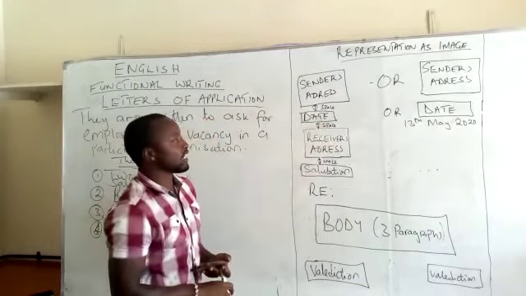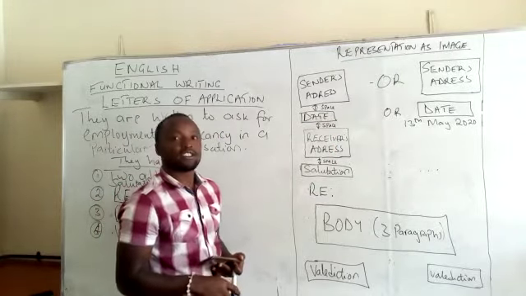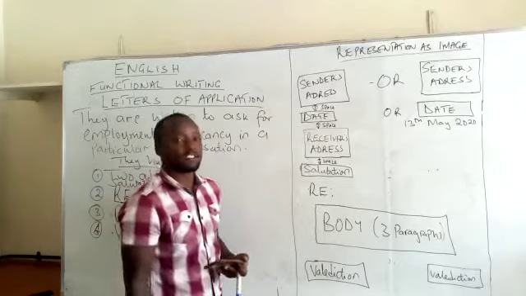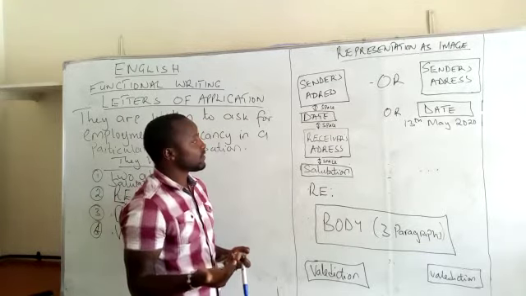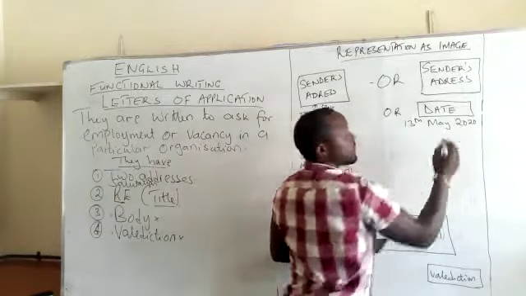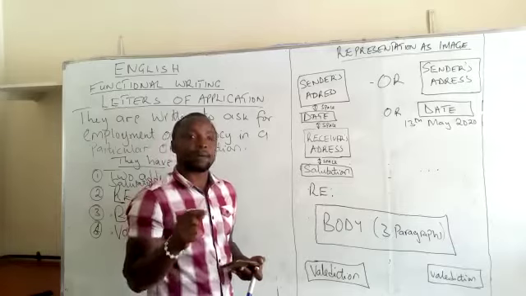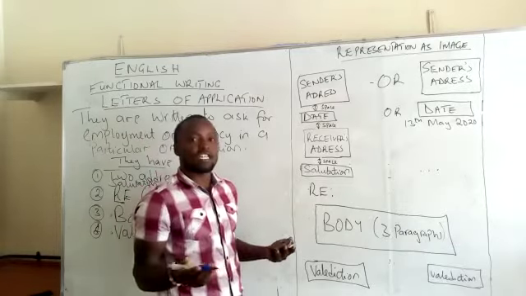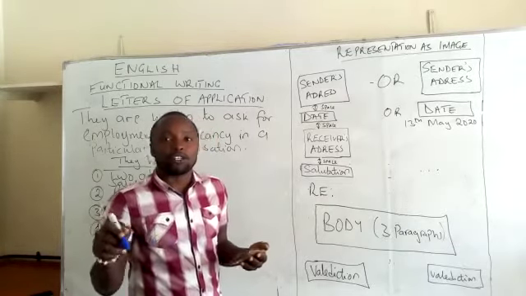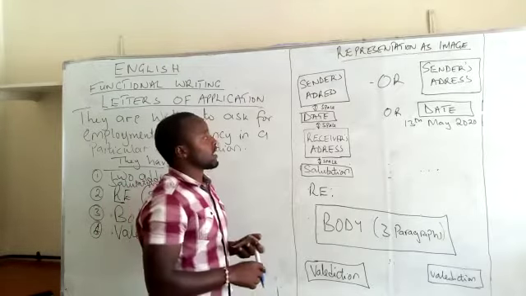Something worth noting about the address, both the senders and the receivers, because many students make this mistake, is that when you are writing the address, you should make sure that you do not write a personal name. For example, I cannot write Paul Karaoke, P.O. Box, then I write the number there. I'm not supposed to do that.